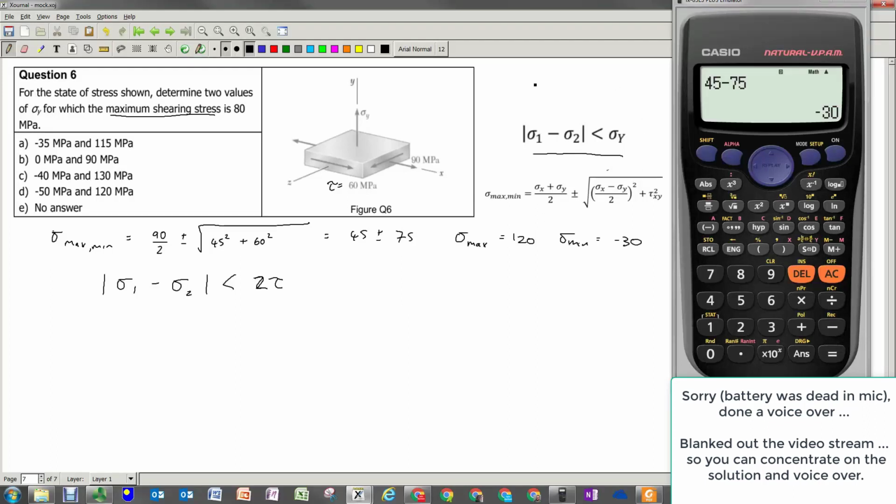So we've been told what the maximum shear stress is. In textbooks you'll normally see this written as one stress component take away another stress component, divided by 2, and that will equal the shear stress.